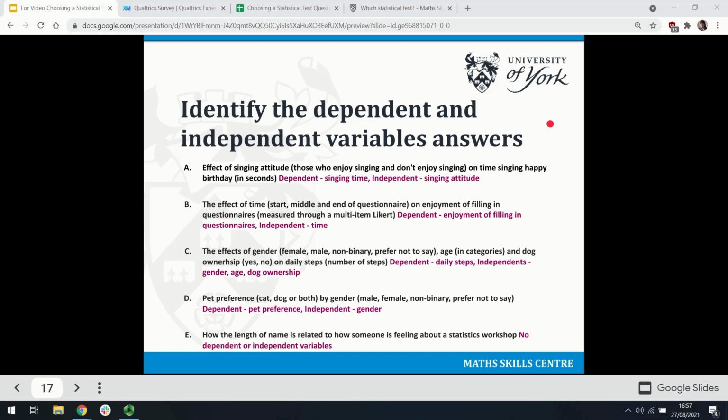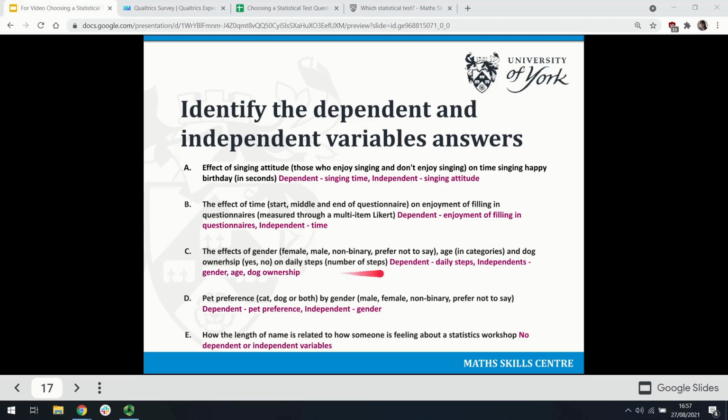By the end of the questionnaire, you're not really enjoying it as much. So that means that the dependent is the measure of enjoyment of filling in the questionnaire. So those 3 questions that we kept asking them. Whereas the independent is the time. So the time is affecting the dependent.